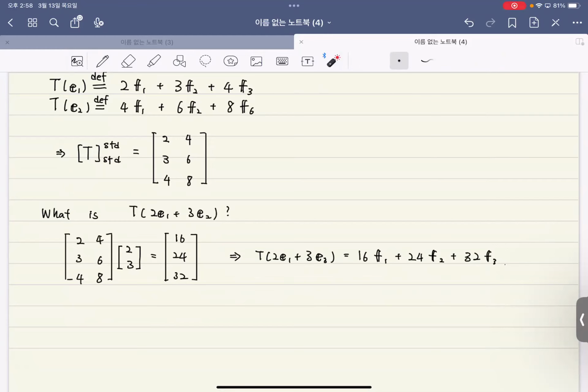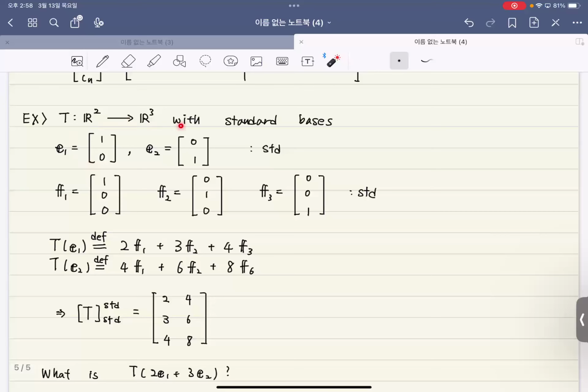All right. Now, these are easy bases, but there is no reason that we need to cling to this choice of bases.